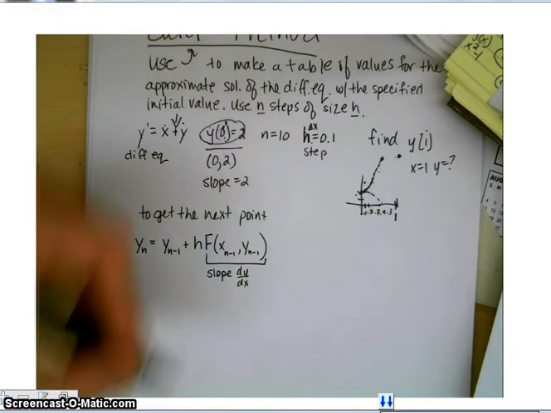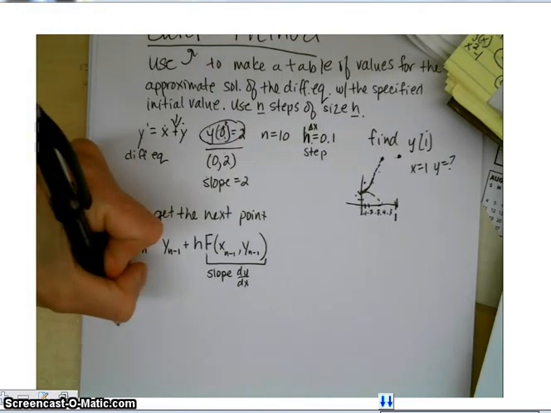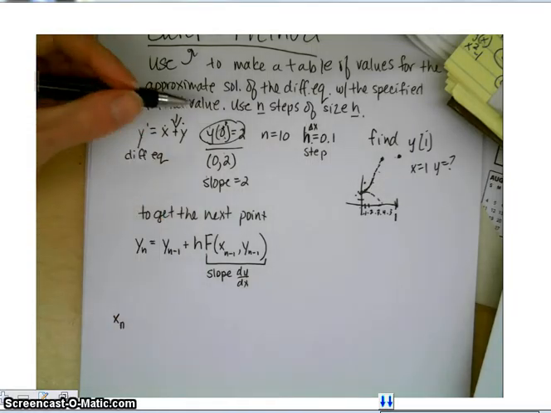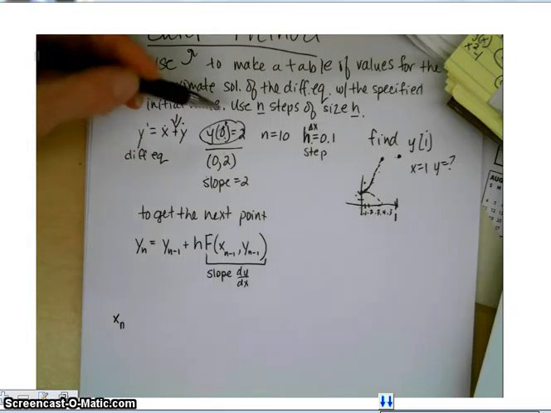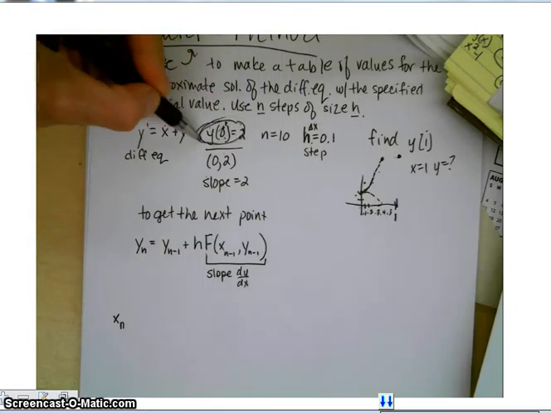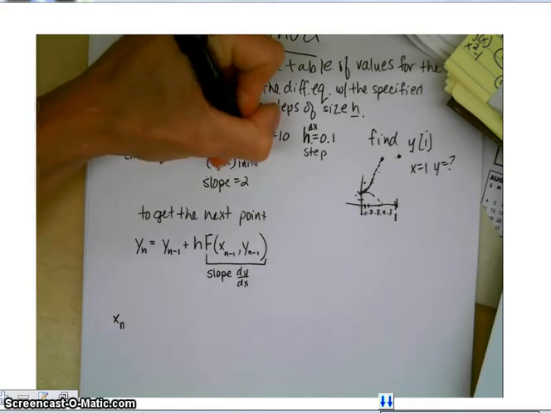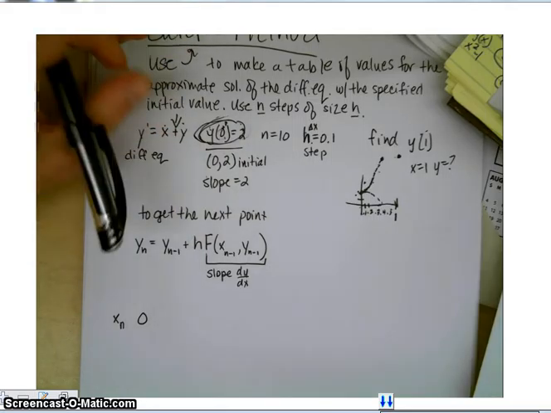So what we start with, basically, all we're going to do, we're going to make a table. These are going to be the x sub n's. So our x values are starting where? That's based right here on this. This is our initial point, 0. And we're moving by what? 0.1.